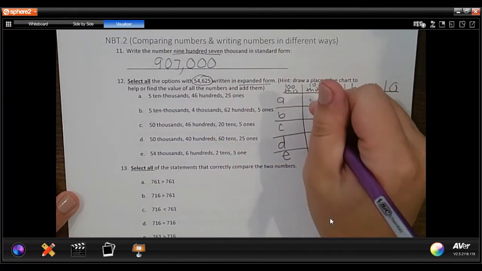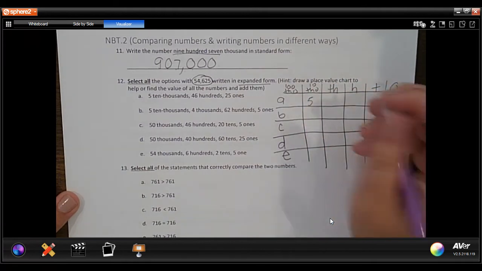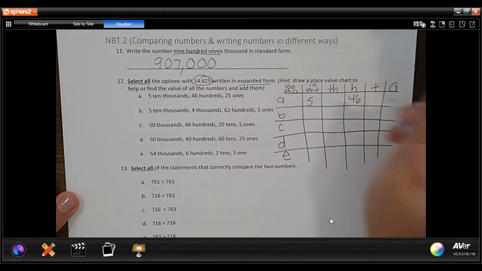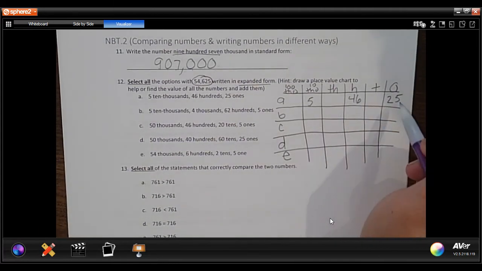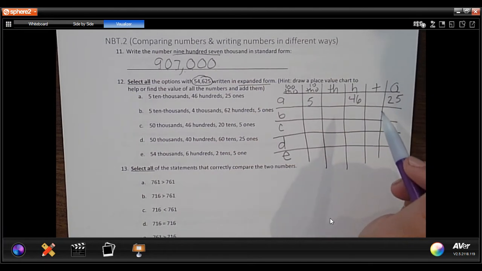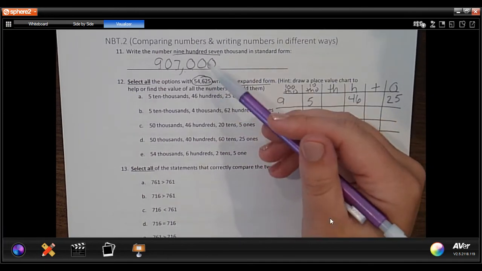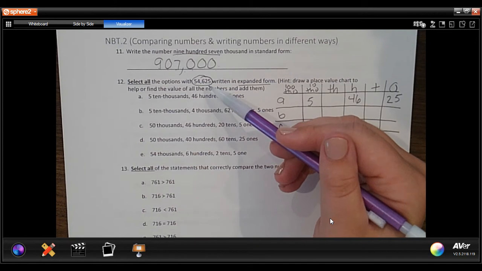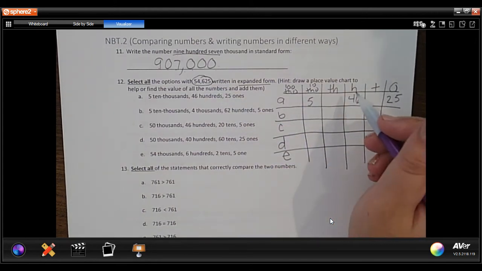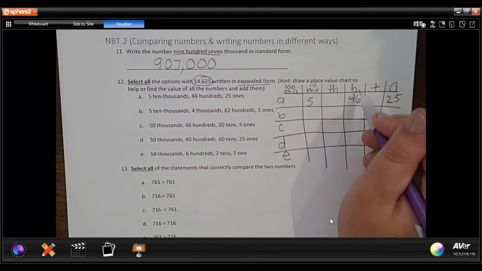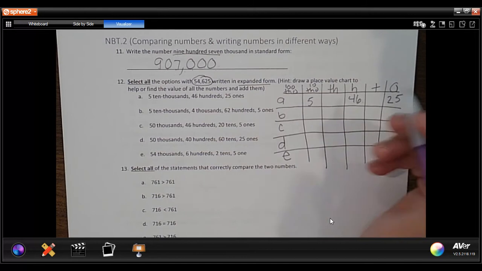5 10,000s, so I'm putting a 5 in the 10,000s place. 46 hundreds, 25 ones. I cannot keep 46 in the hundreds and 25 in the ones because I want to find this number in standard form in order to see if the answer is 54,625. So 5 in the 10,000s place is okay, but 46 in the hundreds place is not. 46 times 100 is 4,600.